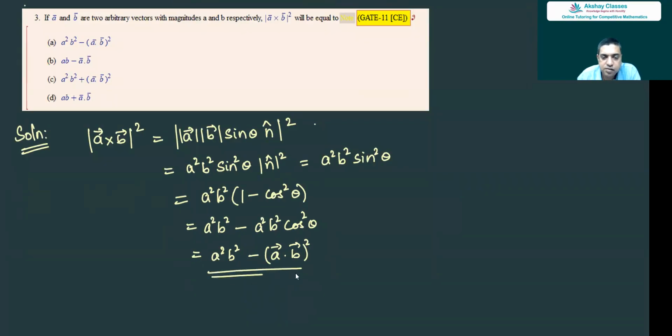A square B square minus A dot B the whole square. So this is the answer. All right, very simple, just simple trigonometric manipulation. That's it.